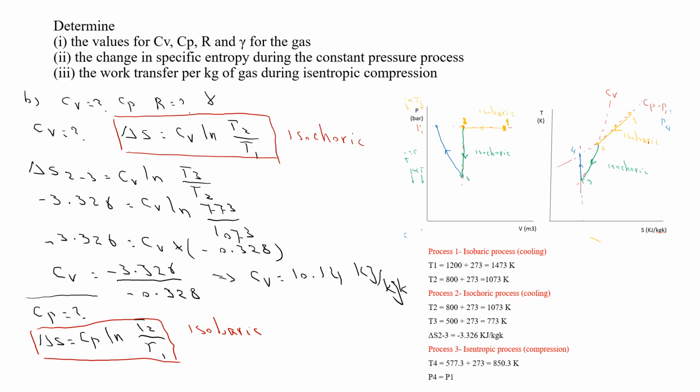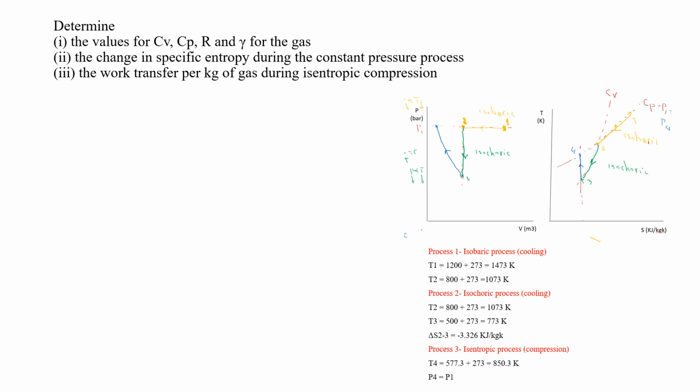So now we put the value for every part. So in continuation of the solution for B1, we are looking for Cp, and we just write down the general formula, which is delta S is equal to Cp natural log of T2 over T1. So this is for isobaric process.